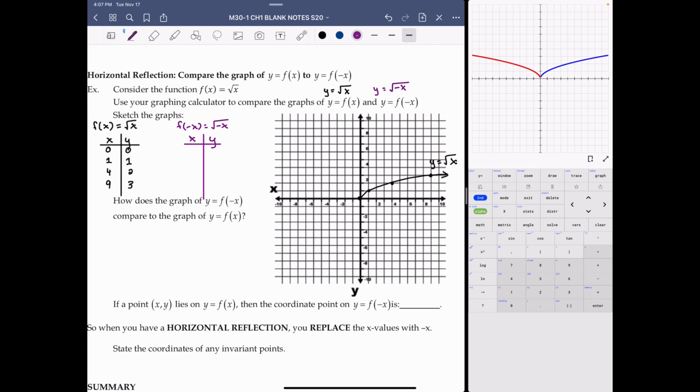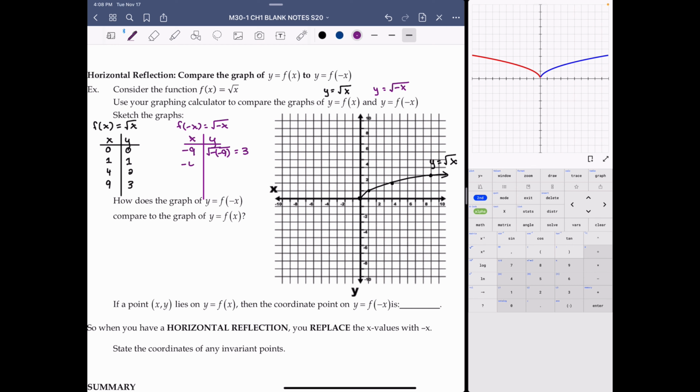We can't have negative under the square root, so if I put 1 for x, then because it's negative x, that would become negative 1. So I want to actually put in negative values, so I'm going to start with negative 9. Then that gives us the square root of negative 9, which equals the square root of 9, which is 3.